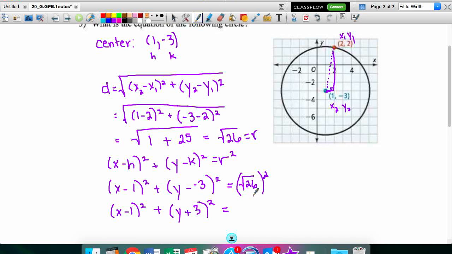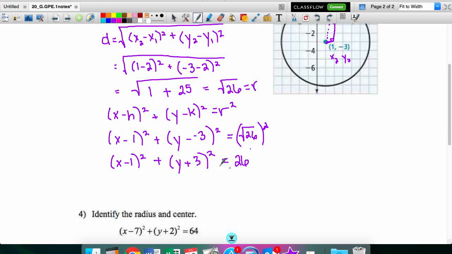So here we have the square root of 26 squared. So how does this simplify? I hope you're not reaching for your calculator, because the square root and the square are opposite operations. Essentially, they undo each other. So the square root of 26 squared just simply becomes 26. And there's our equation.